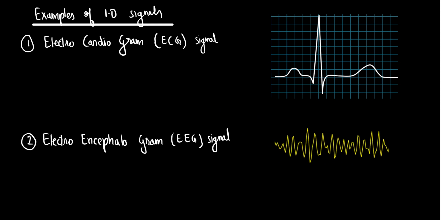A typical EEG signal looks something like this. It does not have a fixed pattern as we have in ECG. This is again an example of a one-dimensional signal. What is the dimension here? Here also the dimension is time. The independent variable is time, whereas the dependent variable is the amplitude, which is usually again measured in volts.